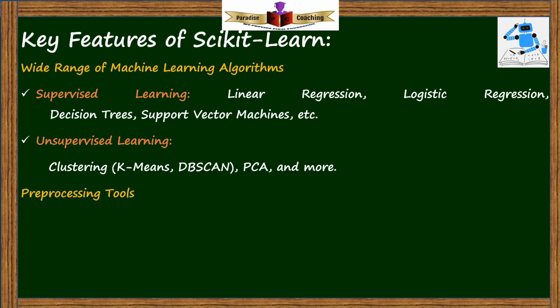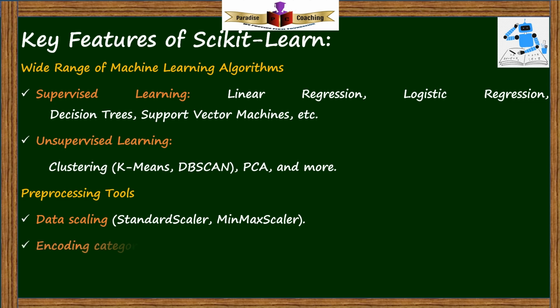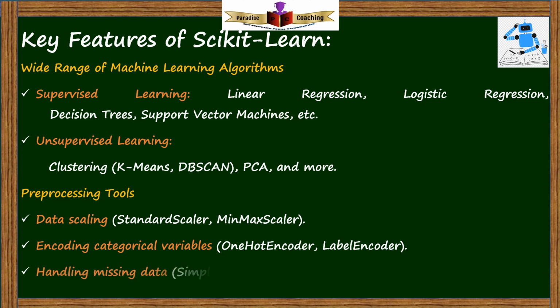Preprocessing tools. Data scaling: standard scaler, min-max scaler. Encoding categorical variables: one-hot encoder, label encoder. Handling missing data: simple imputer, KNN imputer.